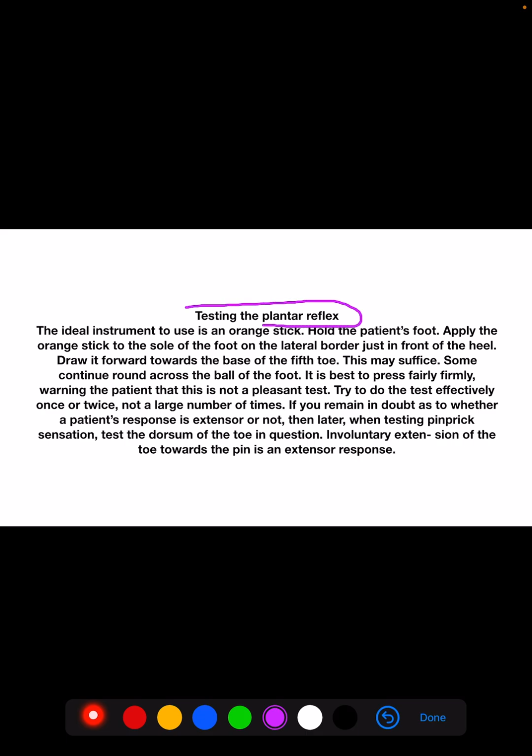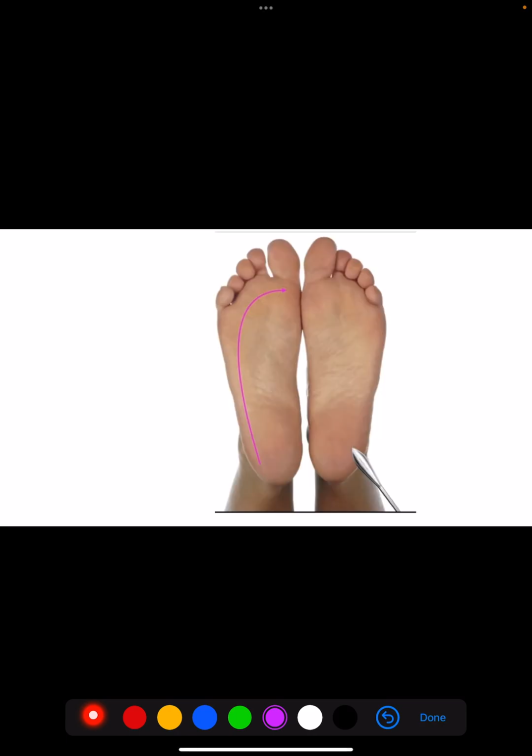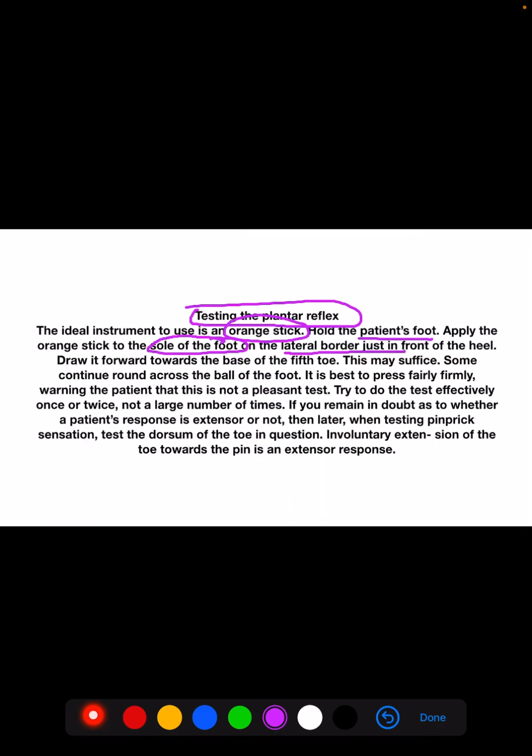Then how do you test the plantar reflex? The ideal instrument to use is an orange stick. You hold the foot of the patient and apply the stick to the sole of the foot on the lateral border, towards the base of the fifth toe.